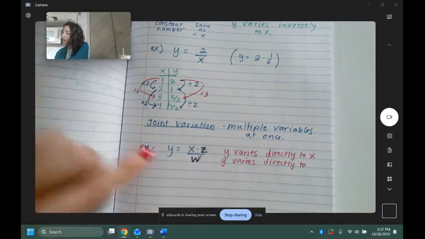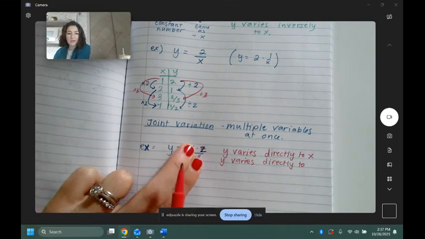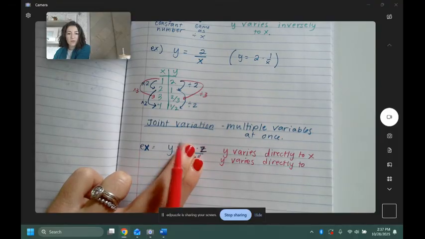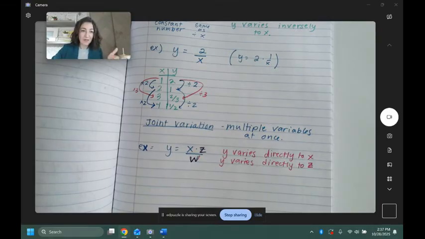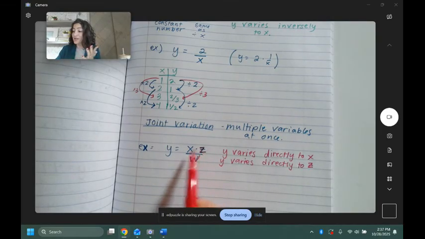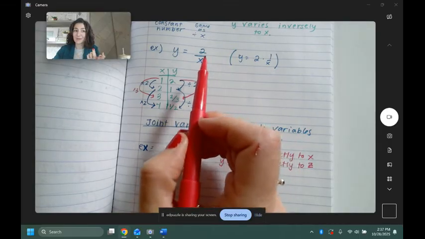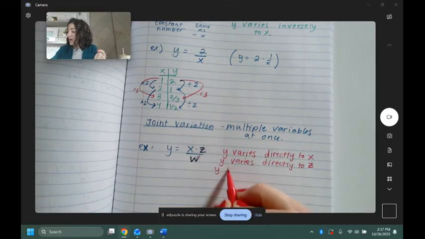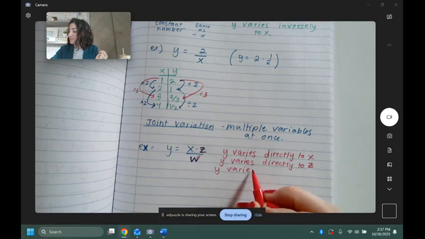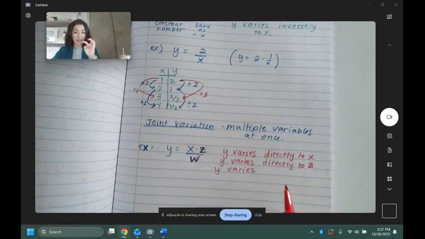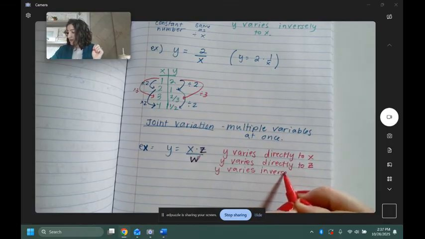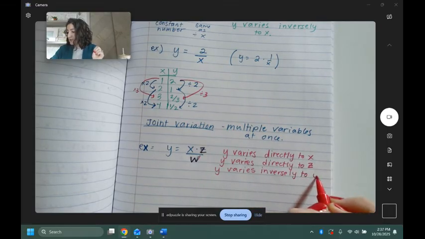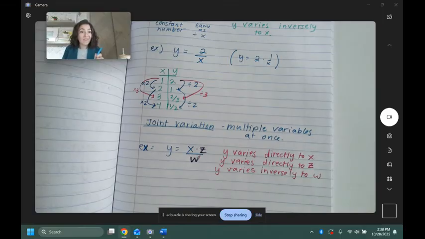Again, if I imagine these two are just numbers, y equals something times z. Now w is in the denominator, though. W is being divided by. So if these two up here were just some number, just like 2, then y will vary inversely or indirectly to w. You can have a couple things going on at once.